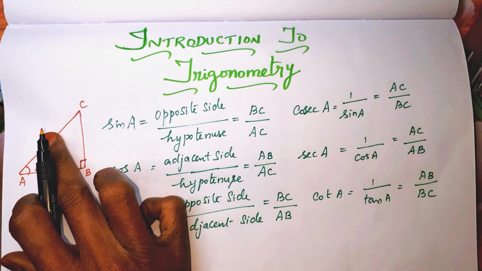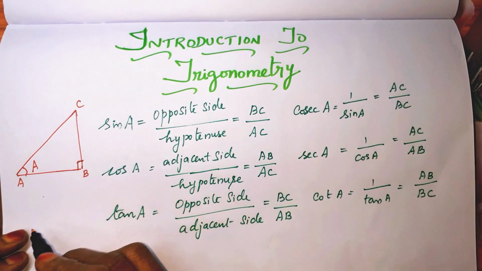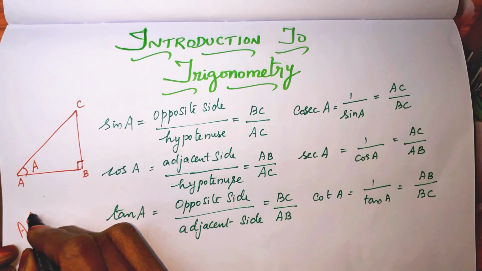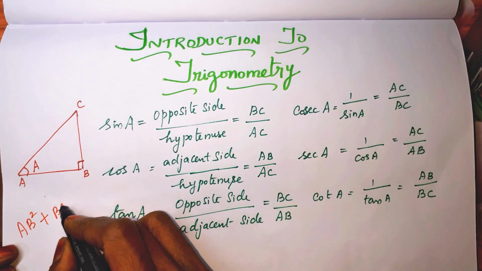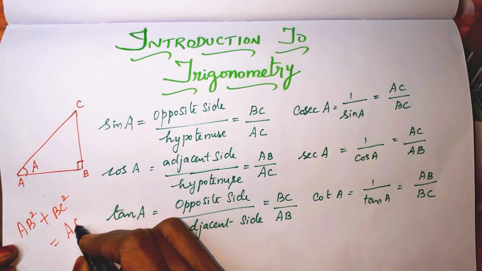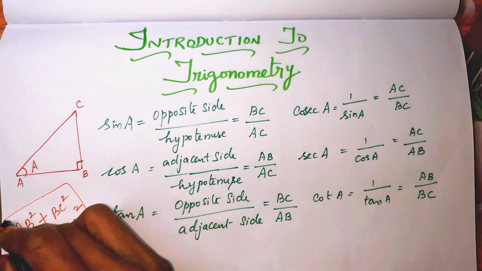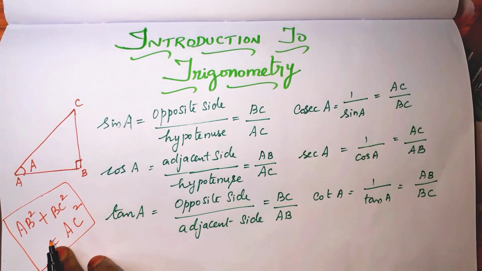Am I right? So using the Pythagoras theorem, what we have is AB squared plus BC squared is equal to the square of the hypotenuse AC, so AC squared. So we have this equation using the Pythagoras theorem.